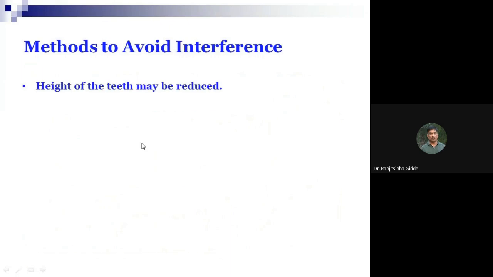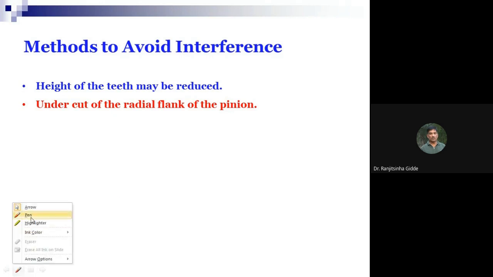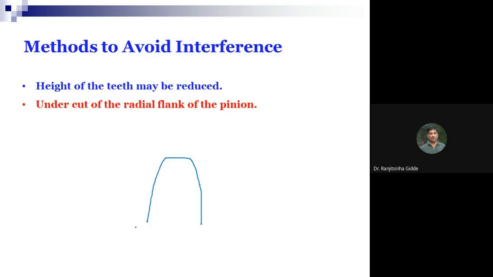Okay. Then next you can write, second method, undercut of the radial flank of the pinion. So just I will show you. This is the tooth. This one is the tooth.